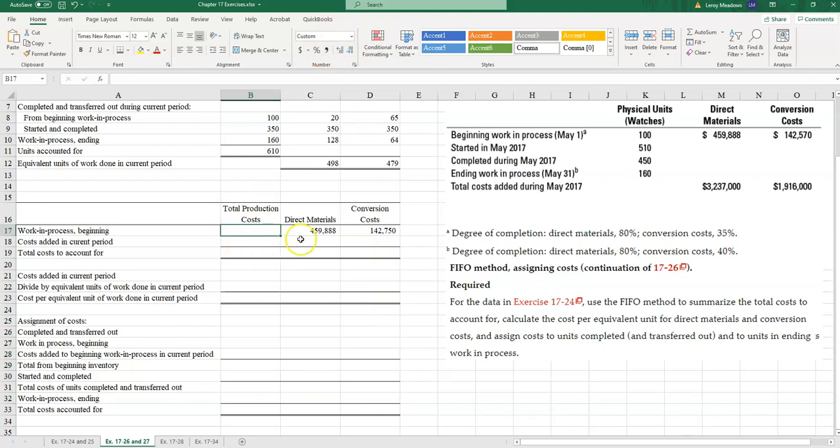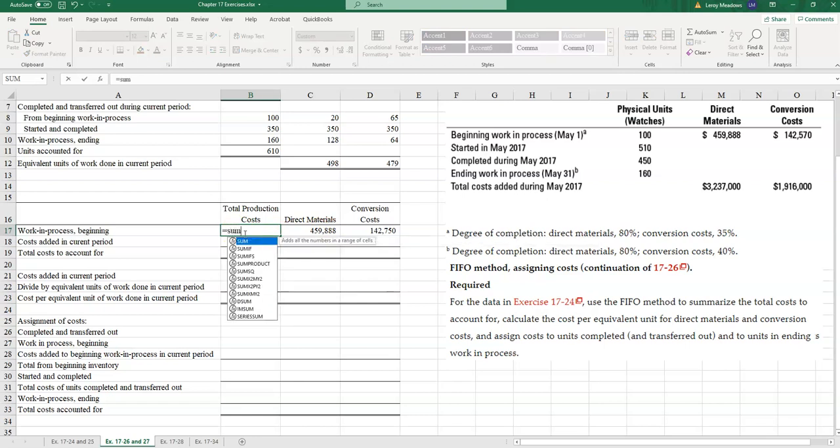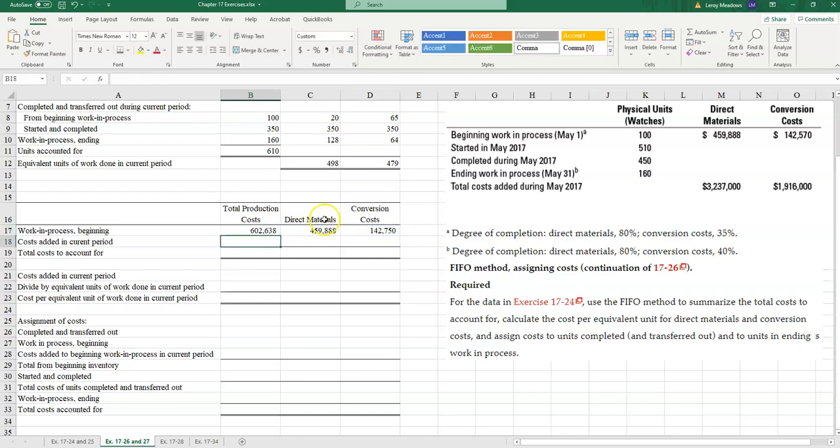So how much of total production cost did I have in beginning inventory? Well, it's simply the sum of my direct materials and conversion costs, so my total beginning work in process inventory under first in, first out is $602,638.